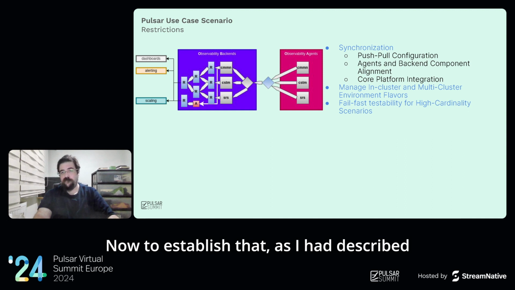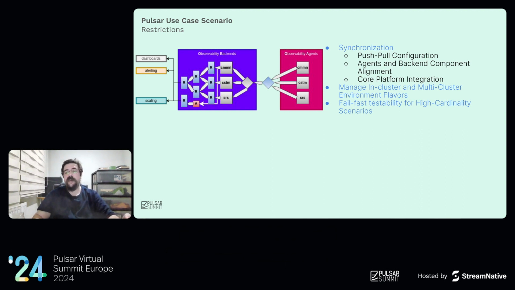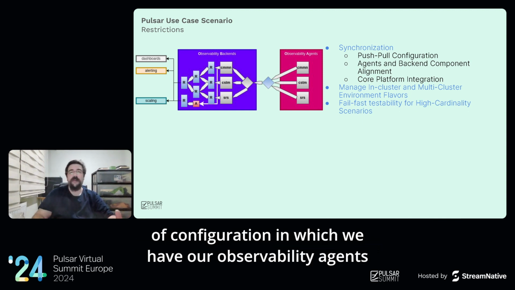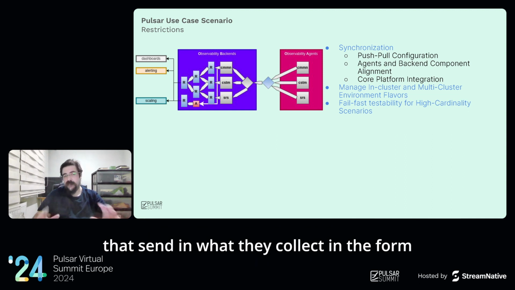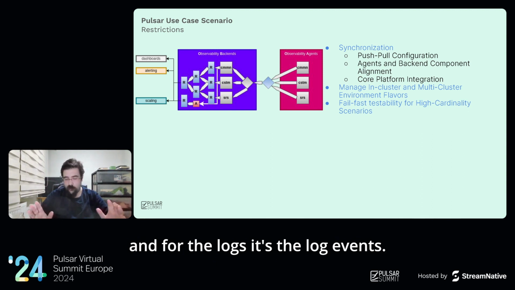Now, to establish that, as I described in our initial form of how we are maintaining our observability stack, we basically have a pull-push kind of configuration in which our observability agents send in what they collect: for metrics, it's the metric data, and for the logs, it's the log events.